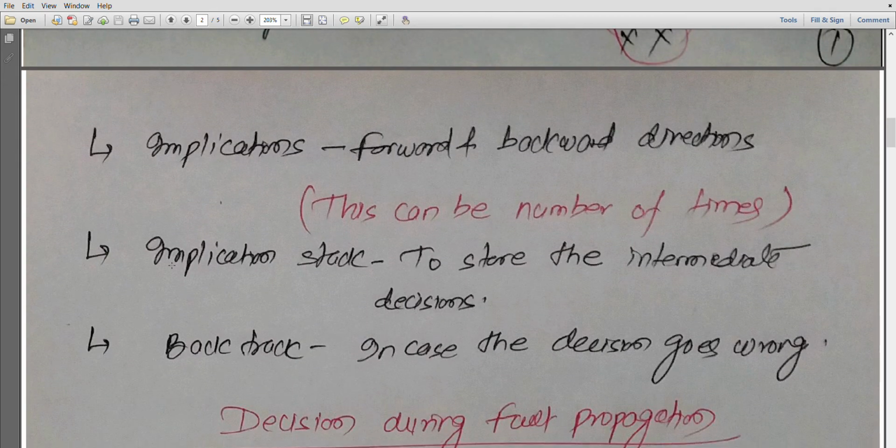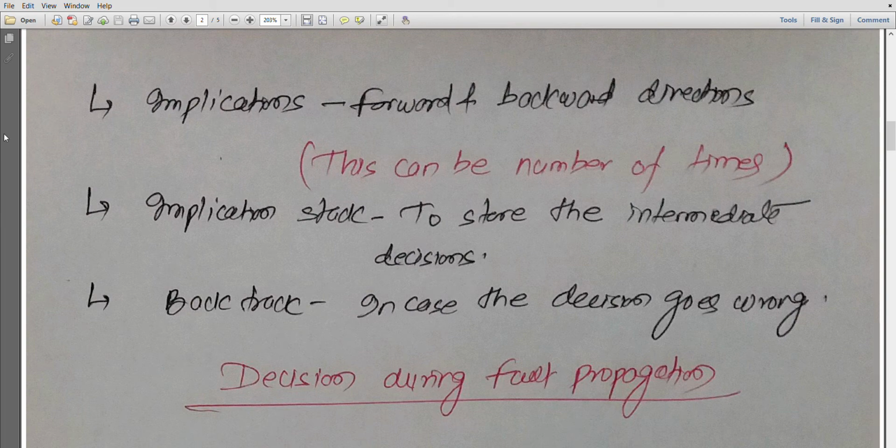Now, we have already seen in the previous case that we have to follow some implications, and that may lead the testing mechanism in the forward direction and in the backward direction. What are the implications? Implications are the necessary conditions. We cannot avoid them. Suppose I am applying the test vector for the AND gate, and one of the inputs is propagating the value 0 toward the primary output. Then, in order to propagate it further into the output, the other non-controlling input has to be 1.